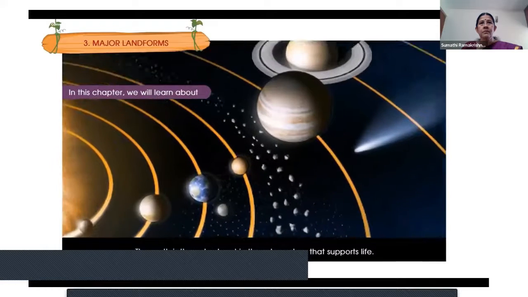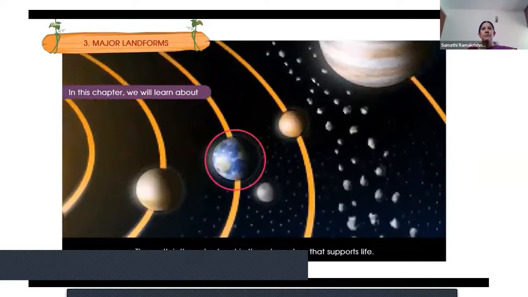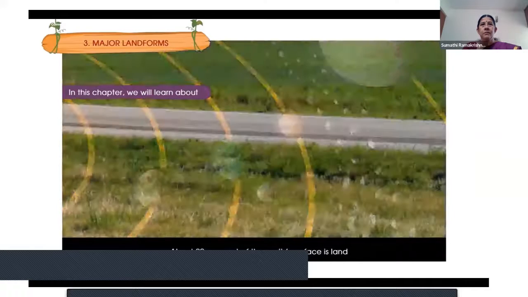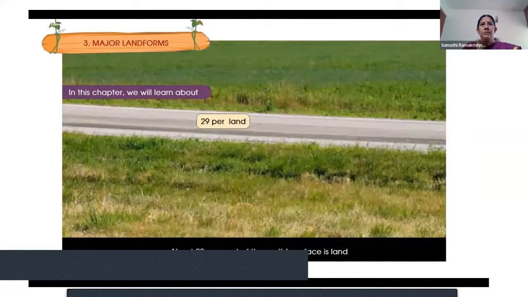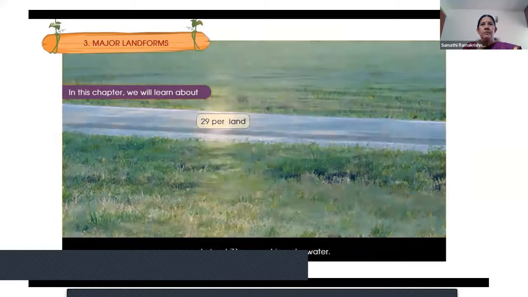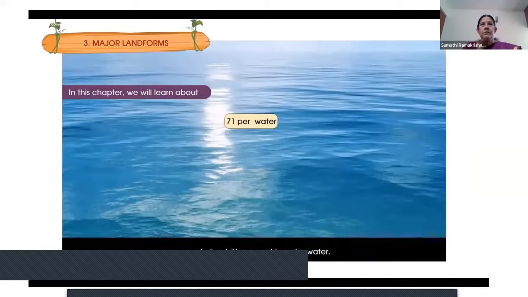The Earth is the only planet in the solar system that supports life. It is made up of land masses and water bodies. About 29% of the Earth's surface is land and about 71% is underwater.